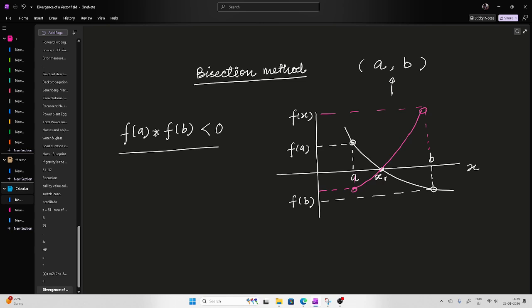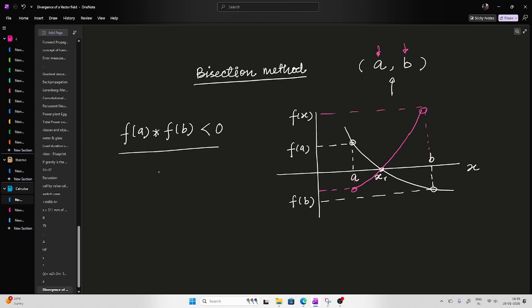That means they are opposite. The values of the function are opposite at these bounds, a and b, and hence we can say that the root will exist.